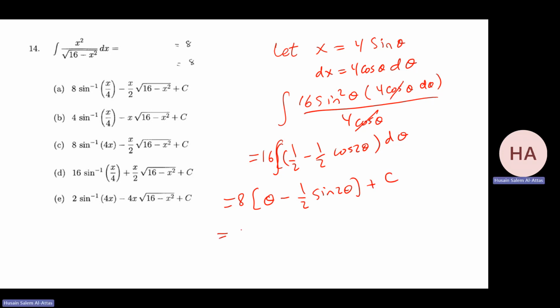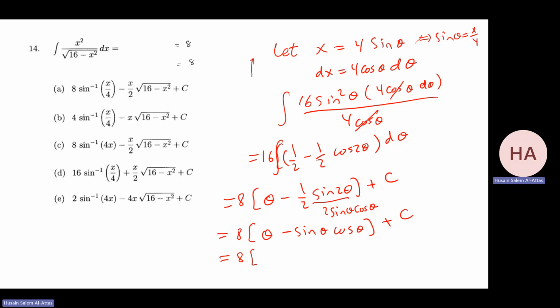That will be 8 theta. Let me do it later. This is 2 sine cosine. So I have 8 theta minus sine theta cosine theta plus c. So what do you have? 8, what is theta? Sine theta will be x over 4. So I have the triangle.